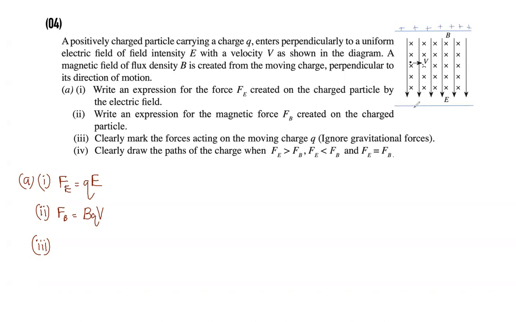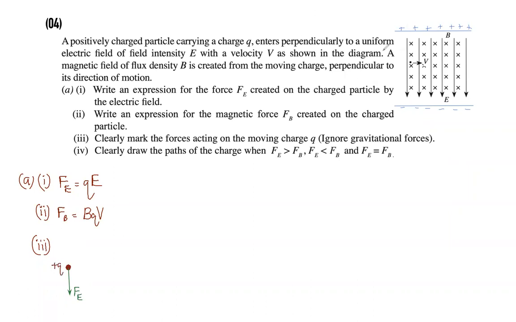On top we have the positively charged plate, at the bottom we have the negatively charged plate, and since it's a positively charged particle, it will be attracted towards the negative plate. So the electrostatic force will be acting vertically downwards, just like the previous question, nothing new.